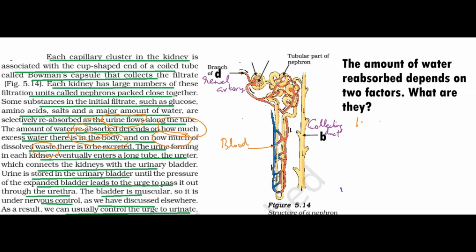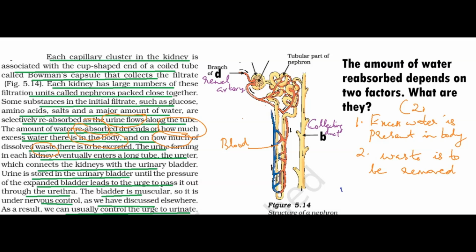One is how much excess water is present in the body, and the second reason is how much waste is to be removed or excreted. And this can be asked for 2 marks.